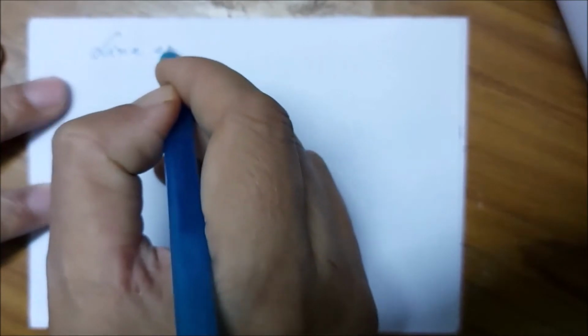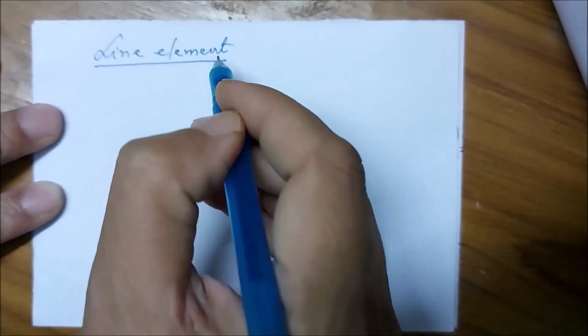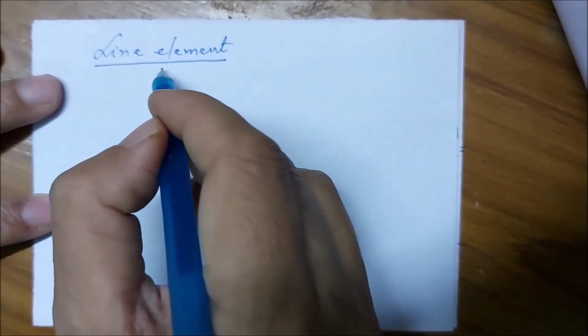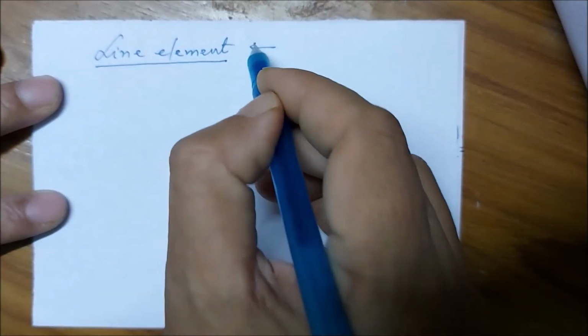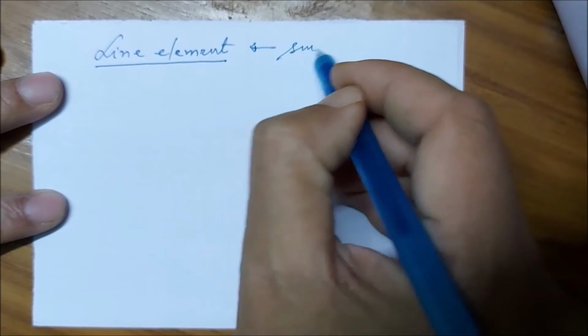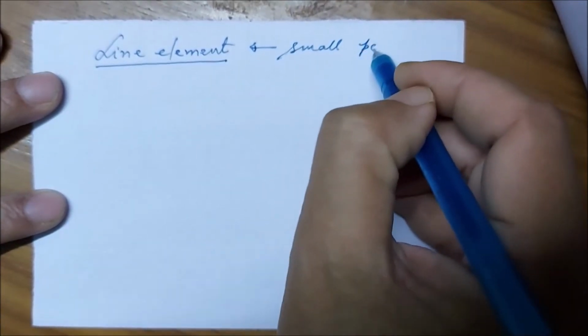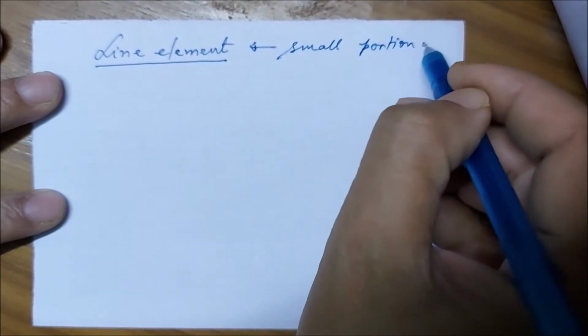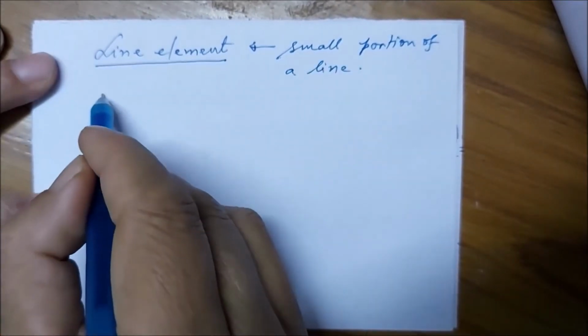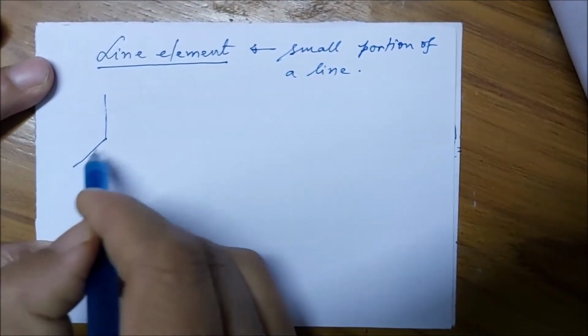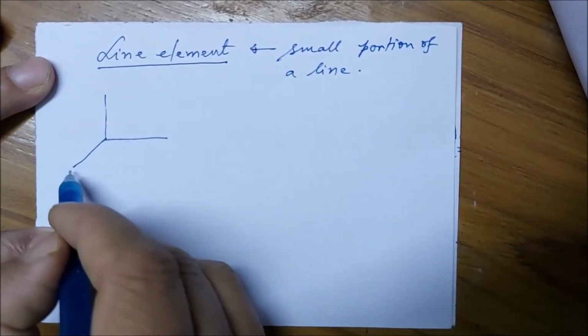We will take up first what we mean by line element. So line element is a small portion of a line, and we'll show it in a diagram. Let us consider the Cartesian coordinate system.